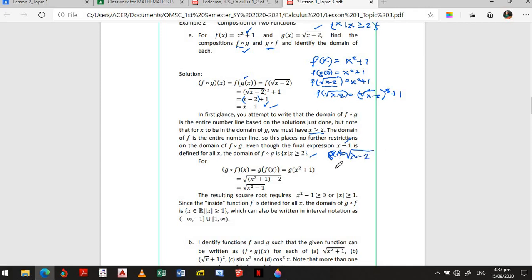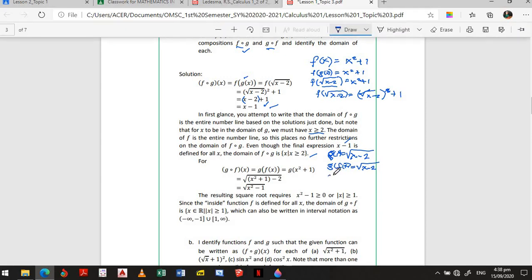Then the composition function, g of f of x, is g of, instead of x we have our f of x. But f of x is given by x squared plus 1.